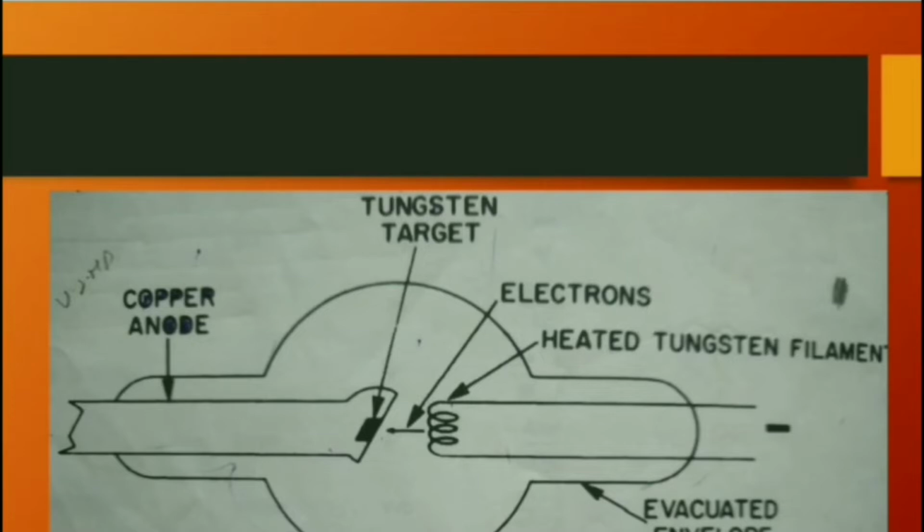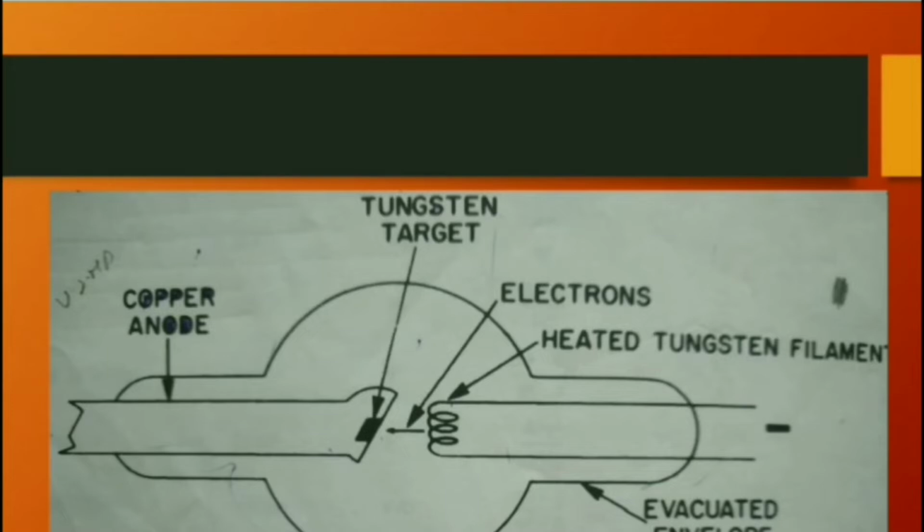Tungsten here is the material of which the filament is made. The filament is a part of the cathode, and the filament is made up of tungsten. Note it down. And when this filament is heated, what happens? The tungsten gets heated.